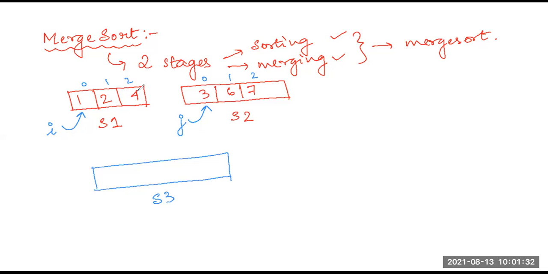That means suppose this is 3 and this is 3, so at least 6 places I need to define. So 0, 1, 2, 3, 4, 5. These are the 6 places.